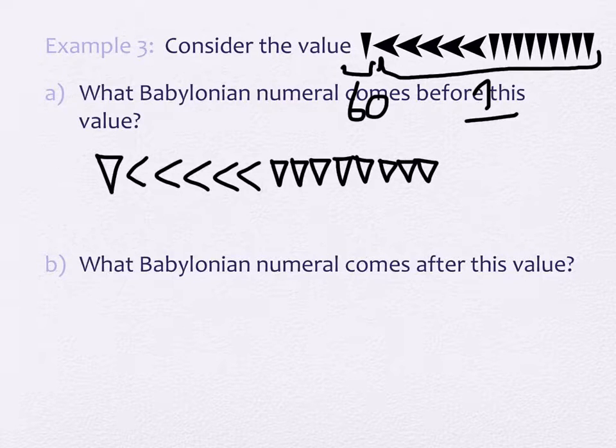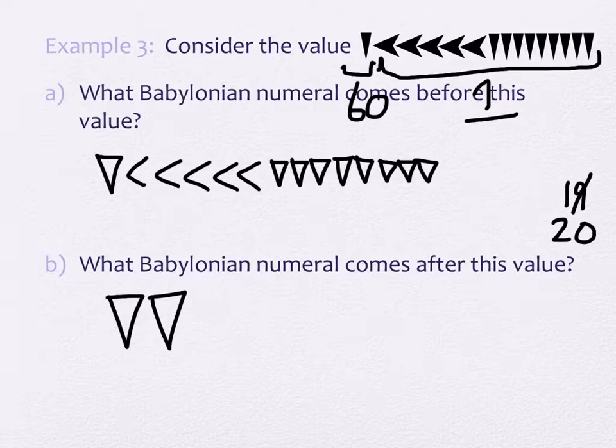Are you guys with me? Right? Like it's like having the number 19. What comes after 19? Well, it's not a 1 and then 10 more ones, right? We make this a 0, and we increase this one by 1. That's what we do. That's what they would do as well. They're going to make that last place value non-existent, and they would increase the first place value by 1.